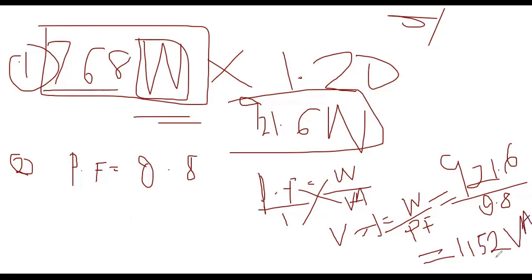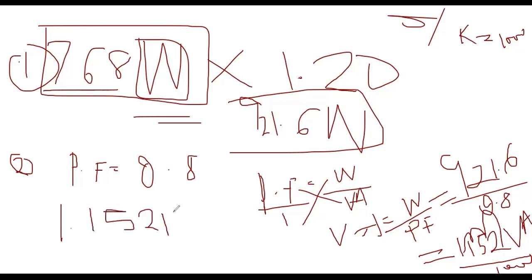But if you are taking this to kVA, K means kilo, which is 1,000, so you divide by 1,000. We have 1.152 kVA.